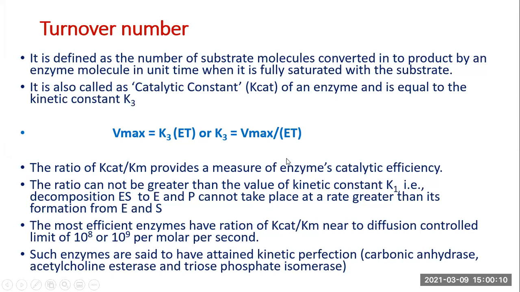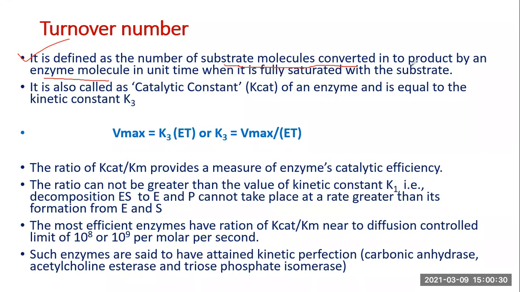Another characteristic that comes in kinetics is called turnover number. So this turnover number is defined as the number of substrate molecules converted into product by one enzyme molecule. One enzyme molecule, yeah, one active site. Both are true because every enzyme will have only one active site.